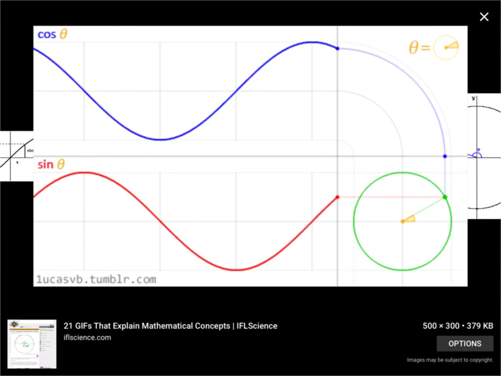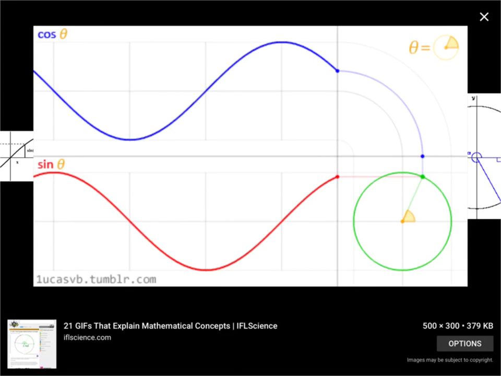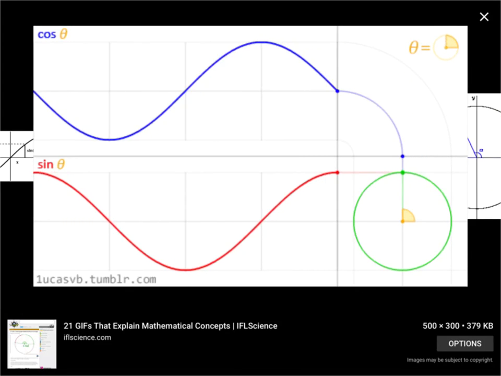Here we see our first position. Sine elevates, cosine from its peak over here starts to decrease, and so we see that same pattern until we get to the top of our unit circle.